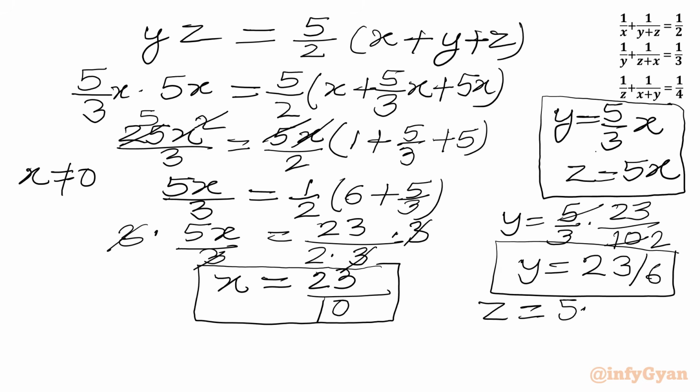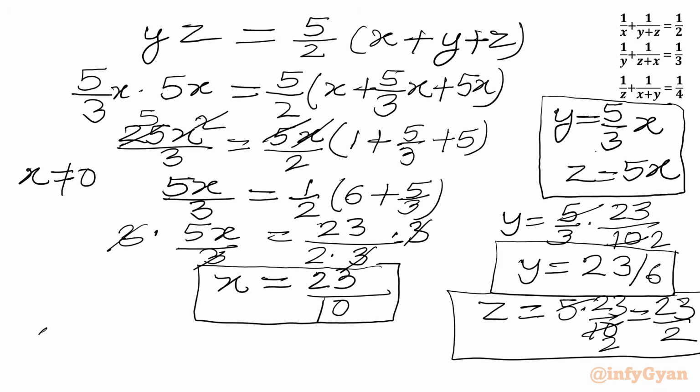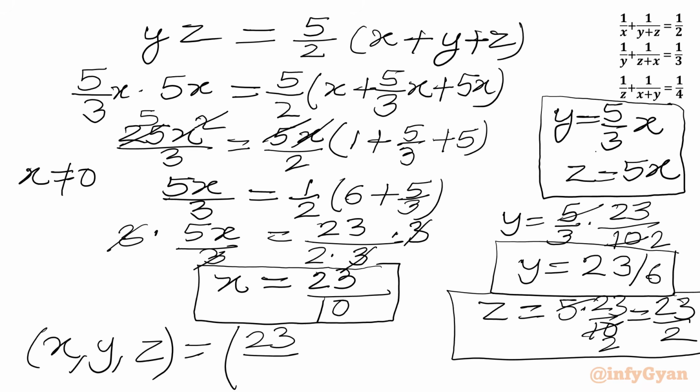So 5 times 23 over 10. 5 and 10 will be over. In denominator there would be 2. So 23 over 2. Now we have x comma y comma z. So x is 23 over 10. Y is 23 over 6. Z is 23 over 2.